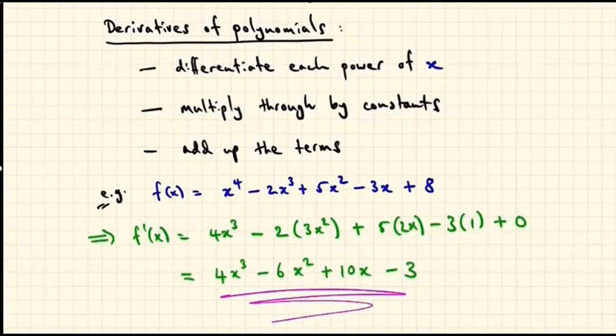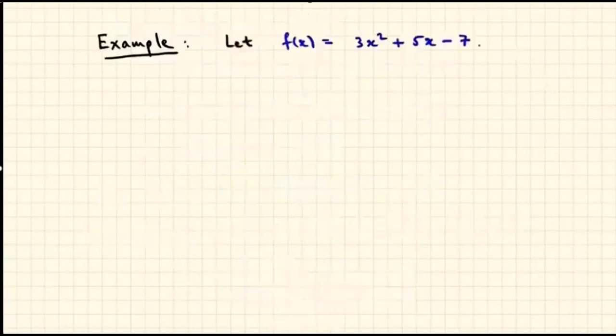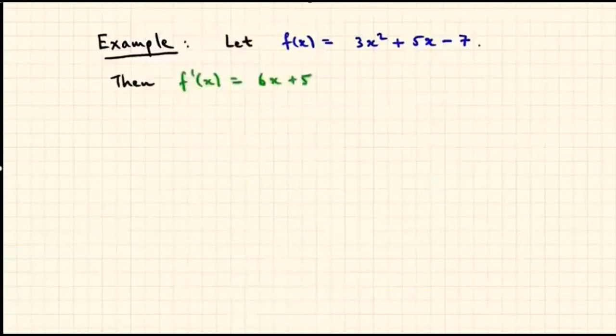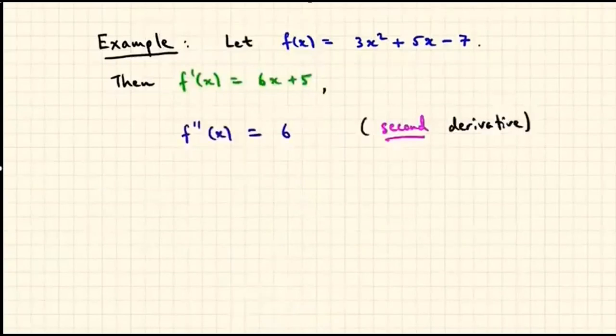To illustrate, let's use an example. Suppose f of x is this quadratic. If we differentiate this quadratic, this is what we get. We now have a linear function. If we differentiate again, notice we have a constant. We call this the second derivative.